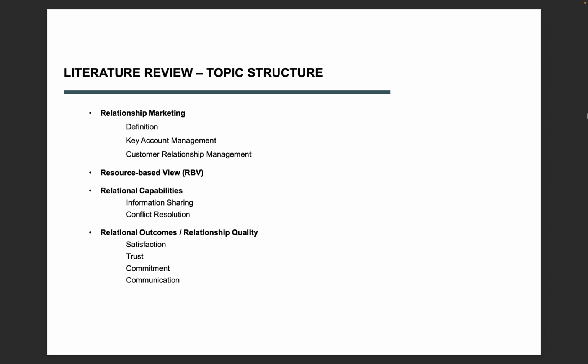As relational capabilities, we have information sharing and conflict resolution that are as well proven in theory. And as relational outcomes, we have the typical three, let's call it like this: satisfaction, trust, and commitment. However, in addition, and in the last years more and more important as well, the topic of communication.